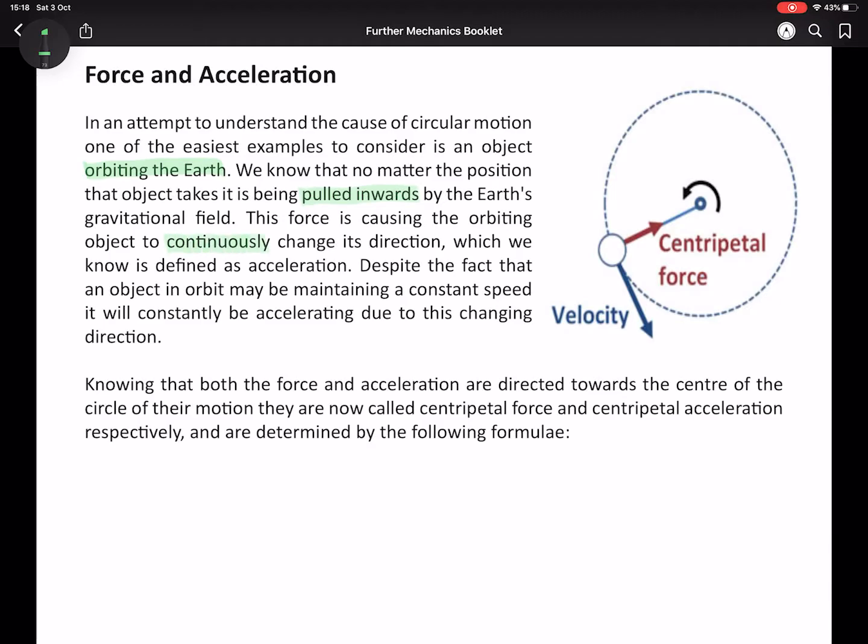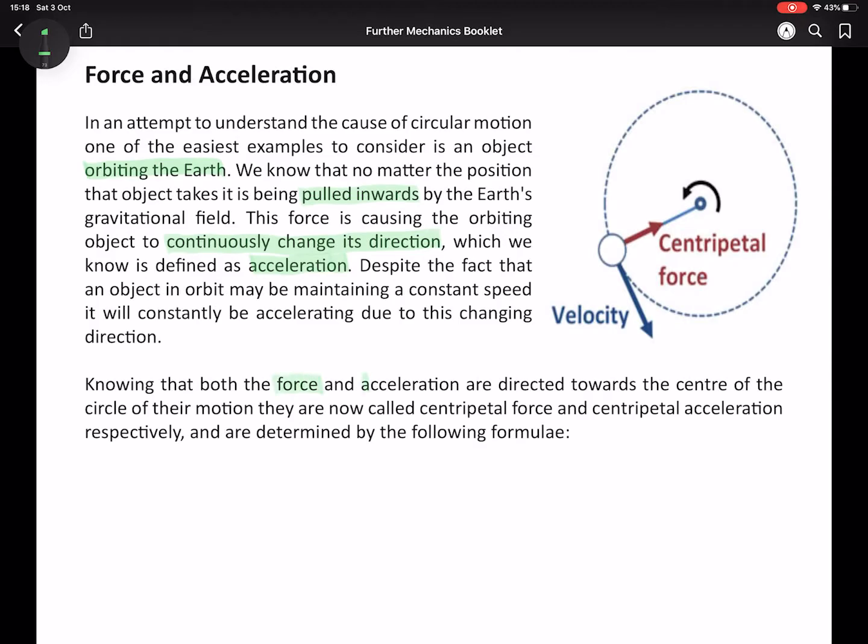And it's constantly changing direction. As a result, it is being accelerated, because that's what our definition of acceleration is. An acceleration, as we all know, due to F equals ma, must be caused by a resultant force.